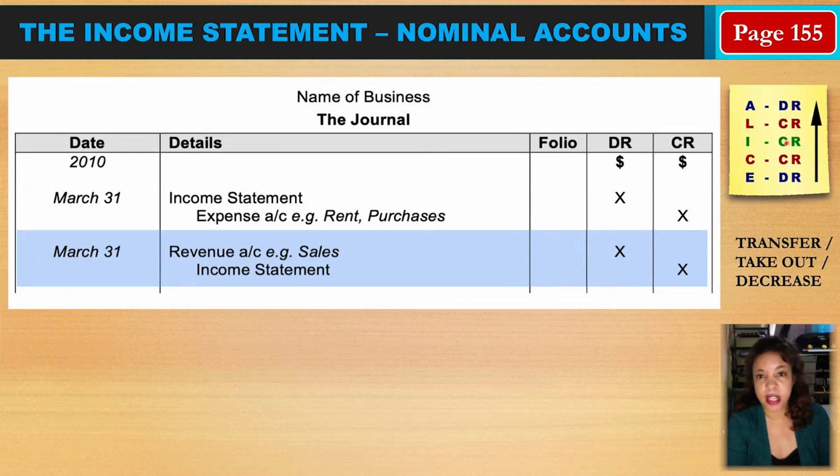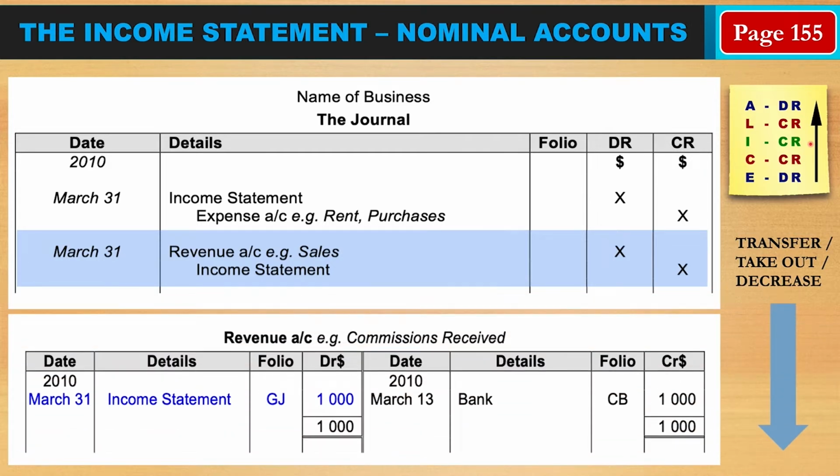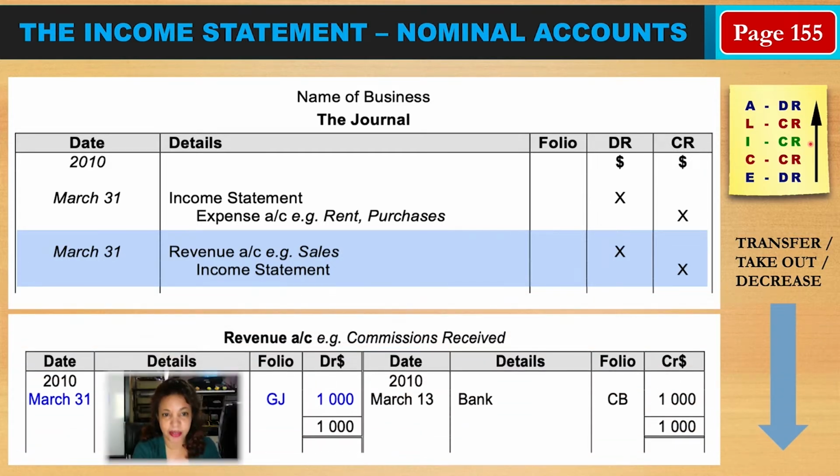So because we are now going to take it out of the revenue account to transfer it into the income statement, what are we going to do? The opposite of credit will be debit. So we are going to debit the revenue and therefore credit the income statement.